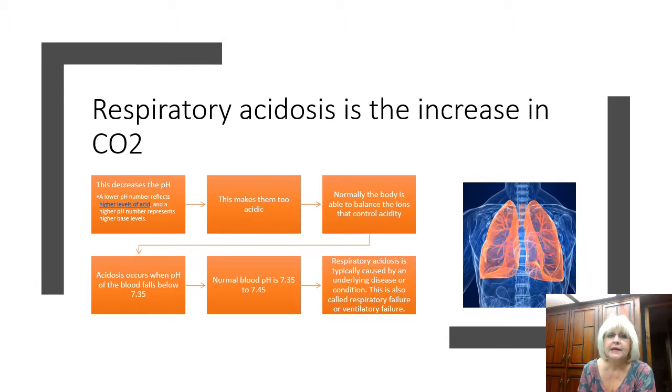The optimal pH of blood in the body is 7.35 to 7.45, and we refer to this as the normal pH. When the blood pH falls below 7.35, respiratory acidosis occurs.